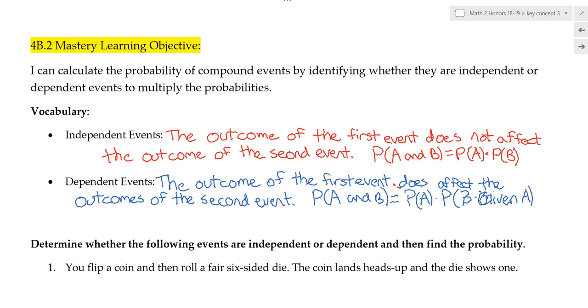We kind of think of it as having different sample spaces. The other way to think about dependent events is that the total has changed somehow. We'll get lots of examples.